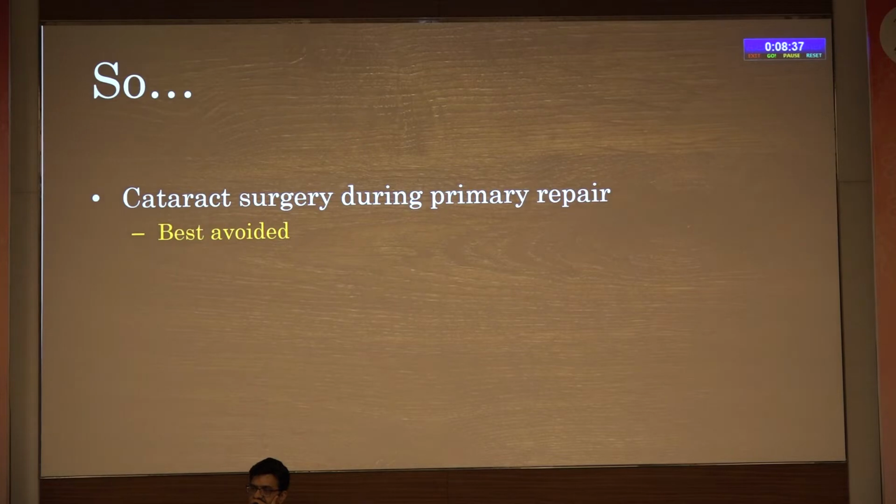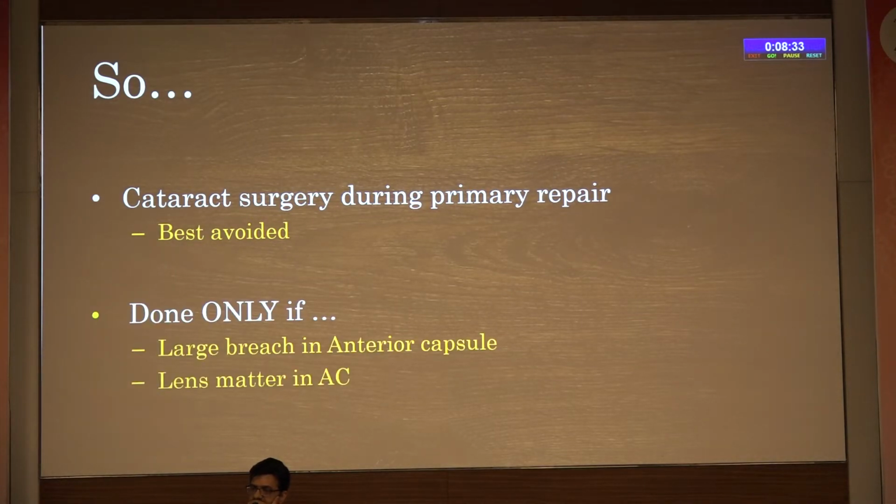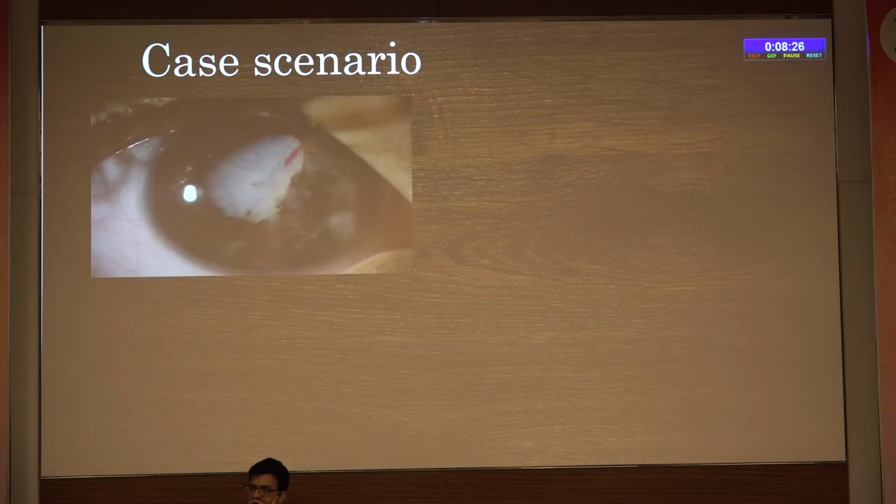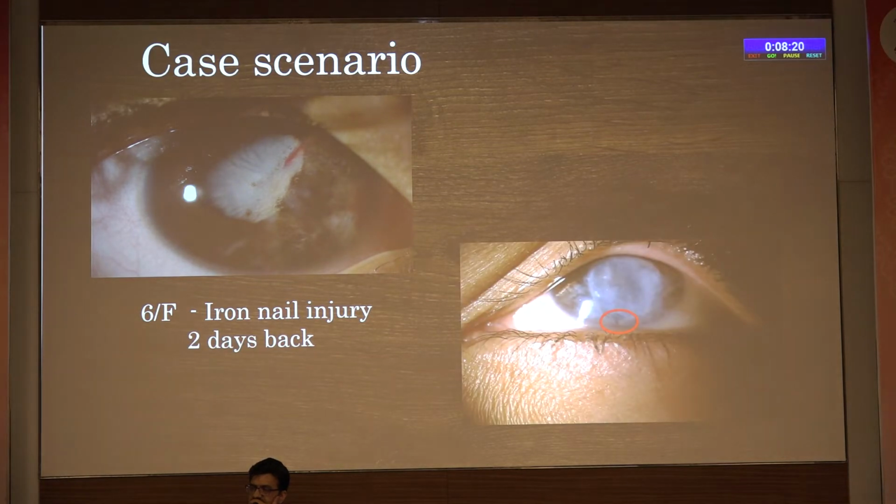So cataract surgery during primary repair is best avoided, done only if there is a large breach in the anterior capsule. If you implant an IOL during primary repair, ideally never, but in very few situations. Here you see a very peripheral injury 2 days prior, and here there is a very small inferior corneal injury, but centrally the cornea is intact and the capsule is fully ruptured.